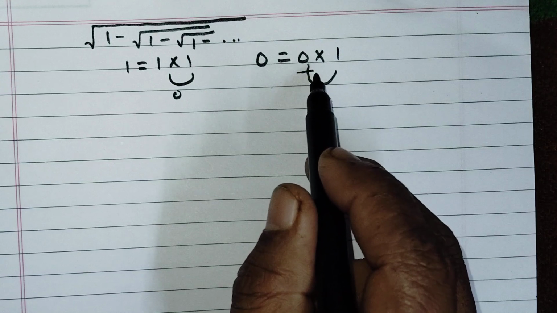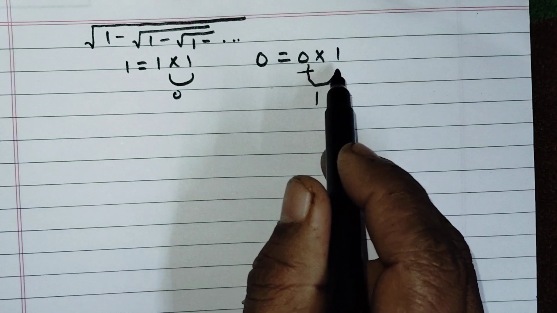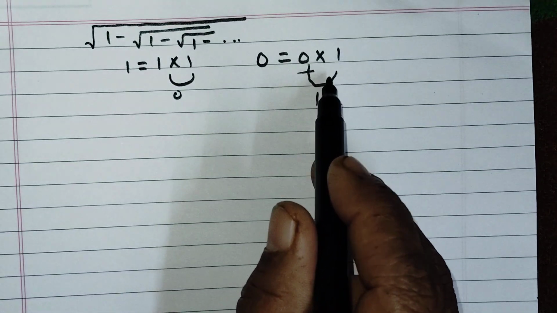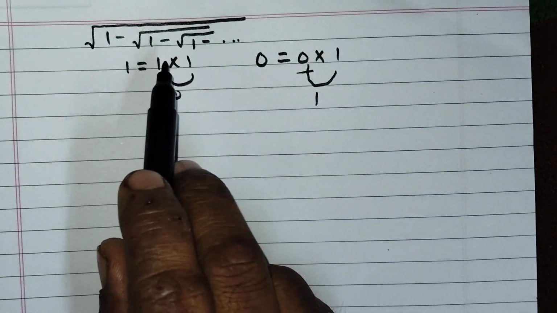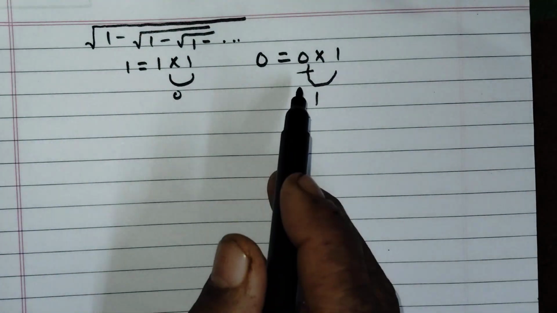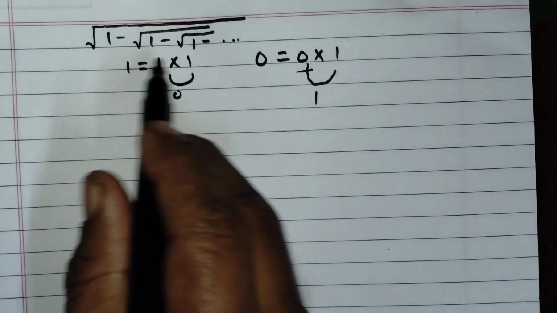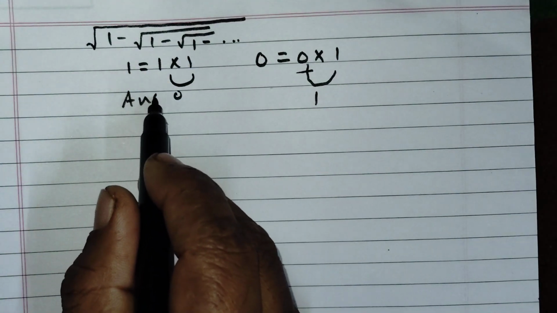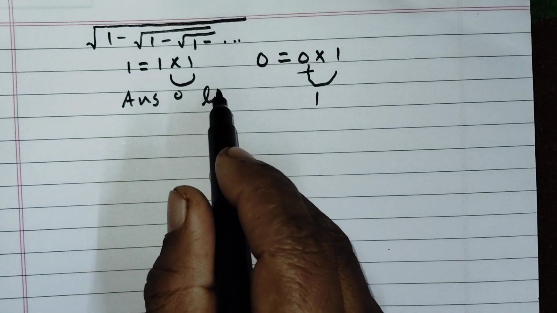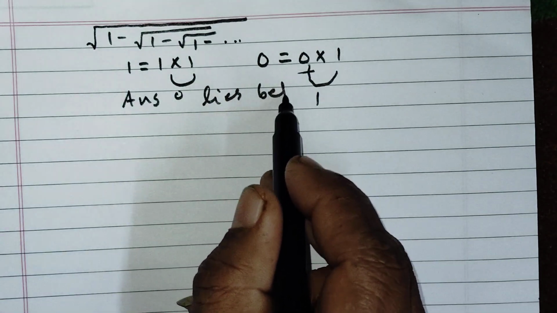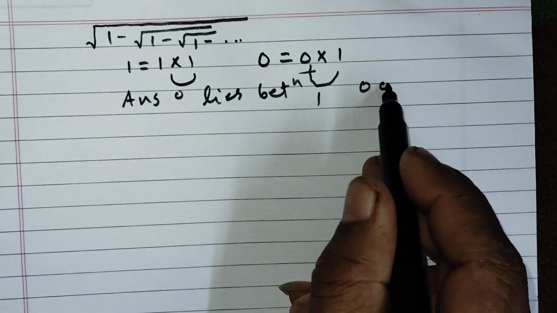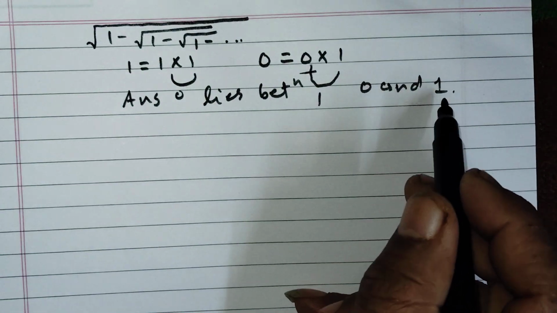We need a difference of 1, so we take 0 and 1. Otherwise 0 and 2, 0 and 3 are all possible, but for our solution we need a difference of 1. So the answer of this question lies between 0 and 1.